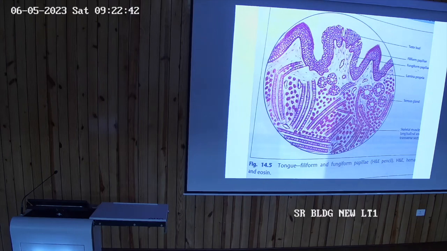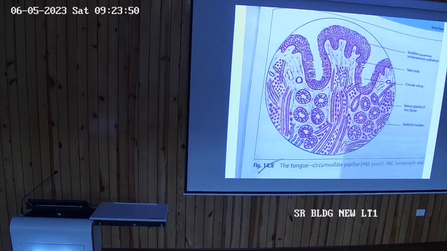Filiform papillae are without taste buds. Whatever food we are eating, the taste we are feeling is taken by the taste buds. And these taste buds are very numerous over the circumvallate papillae, which I will show you now. So taste buds are present at two sites: one is fungiform papillae and another is circumvallate papillae.